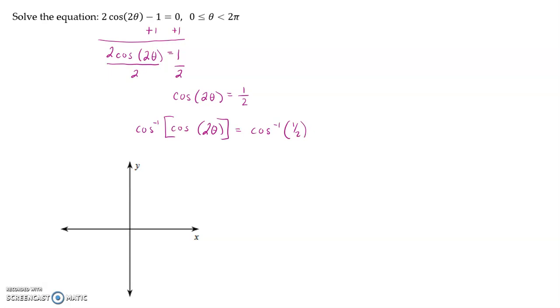That's going to give us 2 theta equals inverse cosine of 1/2.